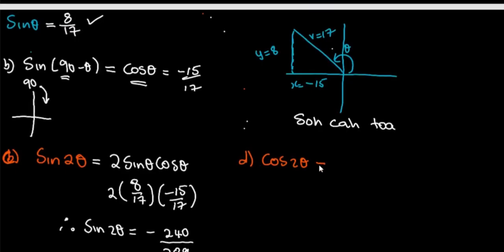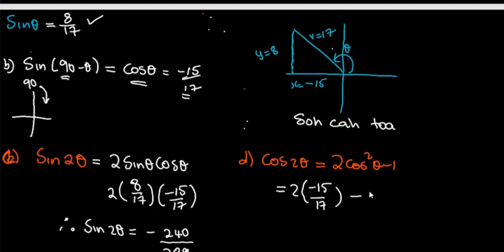So I'm going to change this. I'm going to write it as 2 cos squared theta minus 1. So we need to work on that. We need to find what is 2 cos squared theta minus 1. So this is just equal to 2, and inside the bracket you substitute the cos theta, the one that was given, which is minus 15 over 17.